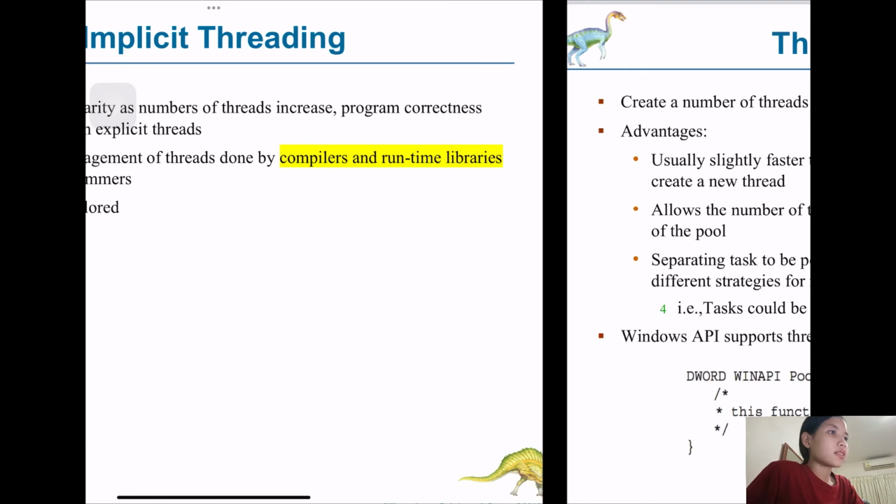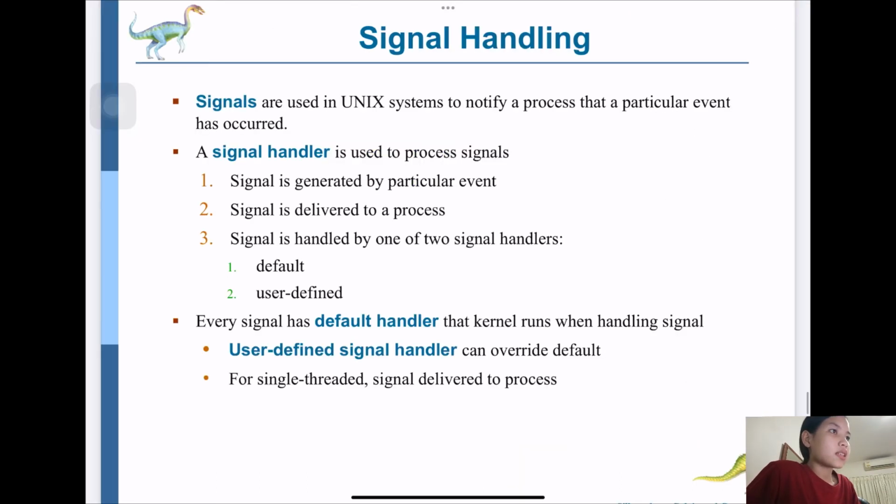Signal handling. Signals are used in UNIX systems to notify a process that a particular event has occurred.